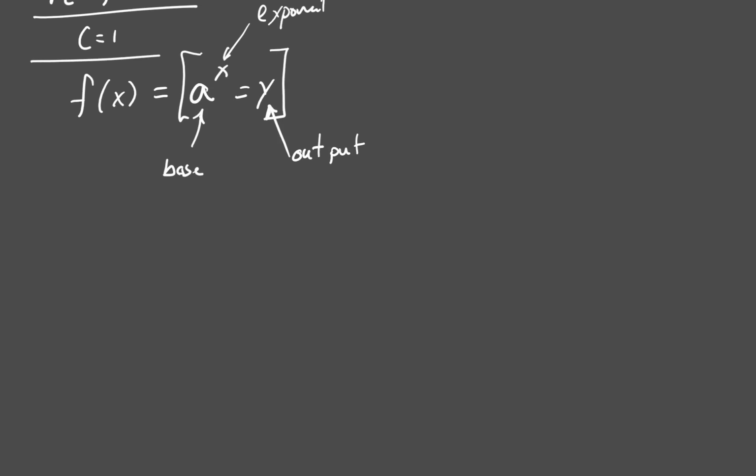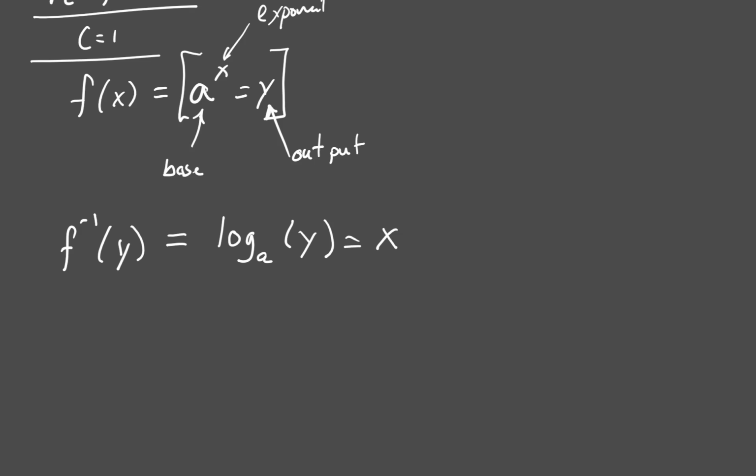Well, the inverse function of this exponential function, f inverse of x, is the logarithm base a of y. Sorry, I'm going to put y in there, and that's going to be an x.